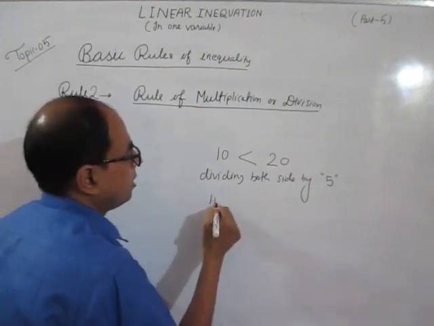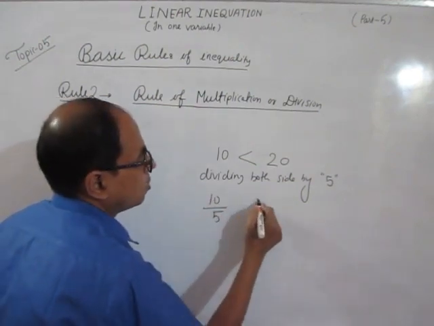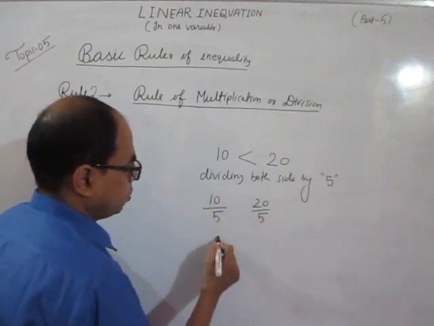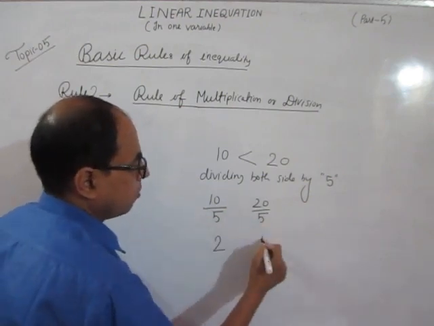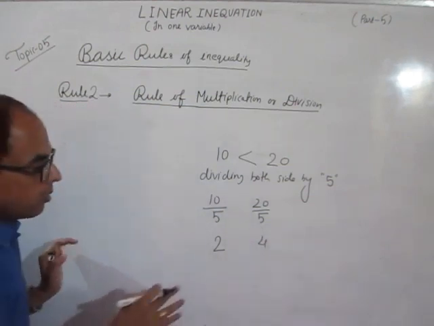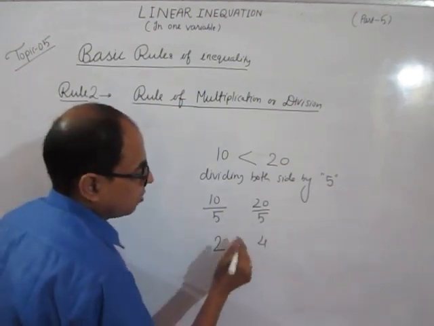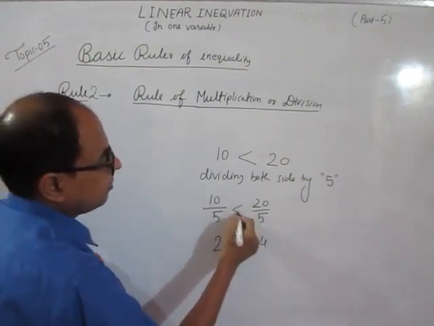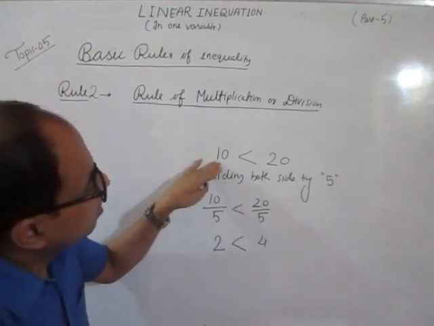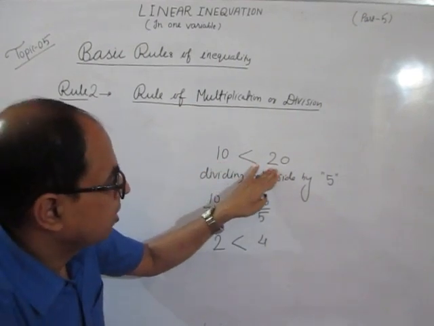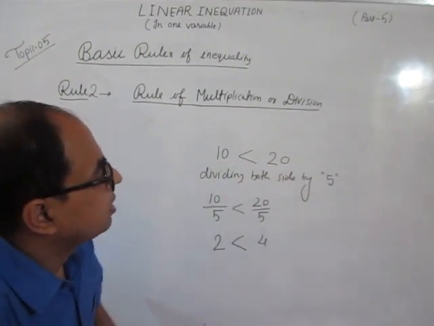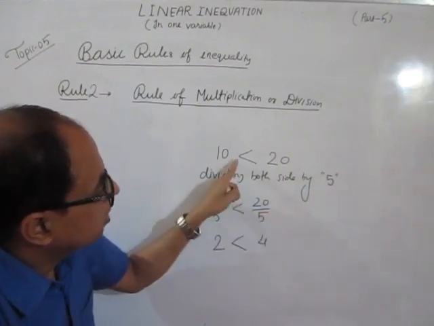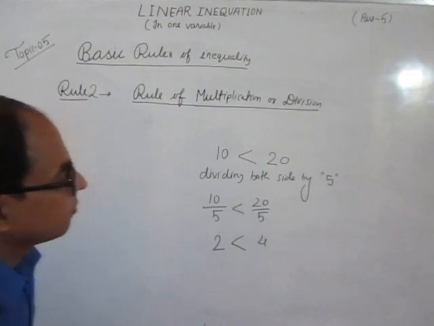So it will be 10 by 5, 20 by 5. Now its value will be 2, its value will be 4. Now what about the inequality here? 2 is less than 4, so we will write it this way. So what we can see is, when both sides of this inequality are divided by the same positive number, then the sign of inequality remains the same.